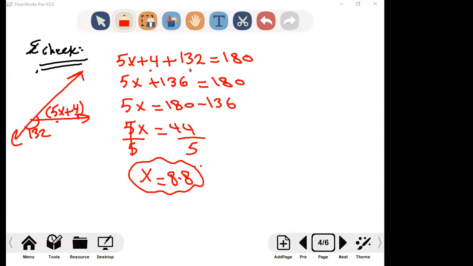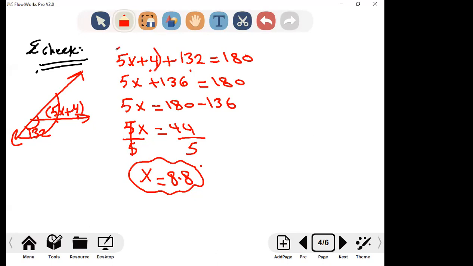Yes, mister, I don't understand this check. The first angle, how much? 5x plus 4. The second angle? 132. Together, they make what? 180. So I add them.